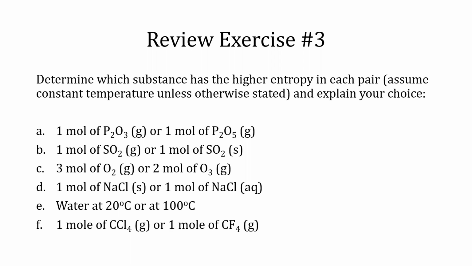C, 3 mole of O2 gas or 2 mole of O3 gas. D, 1 mole of NaCl solid or 1 mole of NaCl aqueous. E, water at 20 degrees Celsius or at 100 degrees Celsius. F, 1 mole of CCl4 gas or 1 mole of CF4 gas.